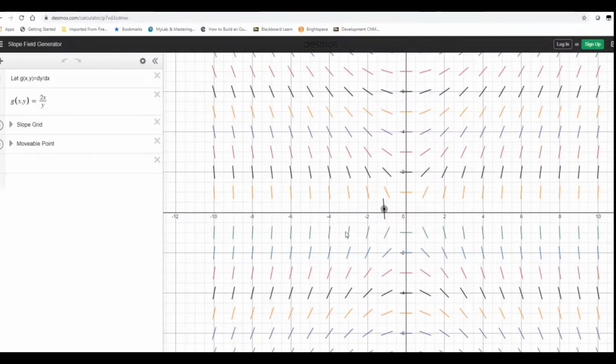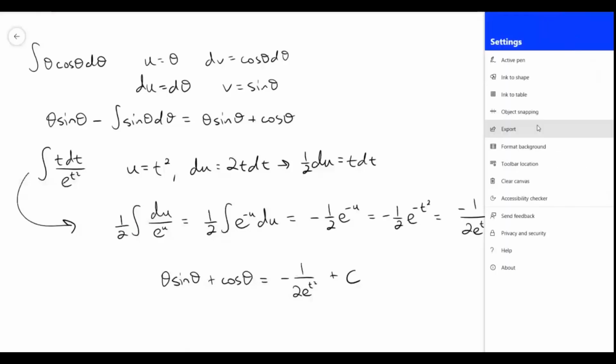So what a slope field actually is: you have a differential equation. Let's do the same one that we're looking at right here. It says g of x is equal to 2x over y. You can kind of see what those little lines are. Maybe by hand, I'll show you where they're coming from, what all those lines mean.